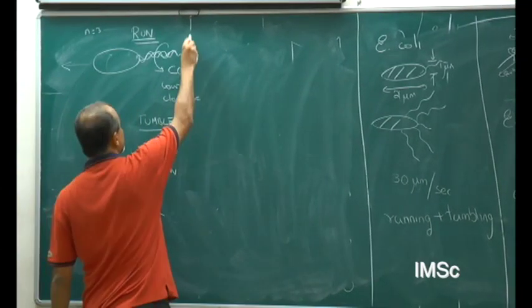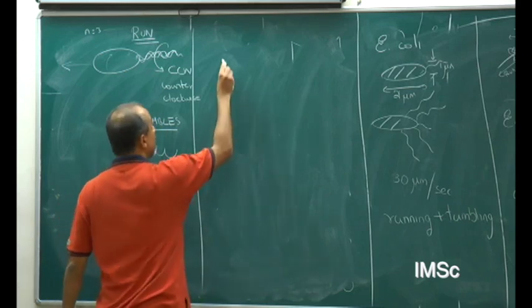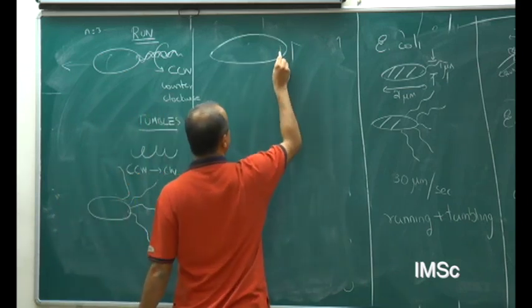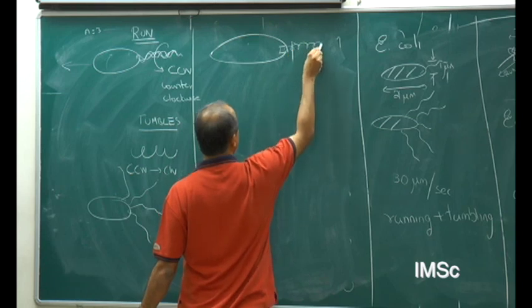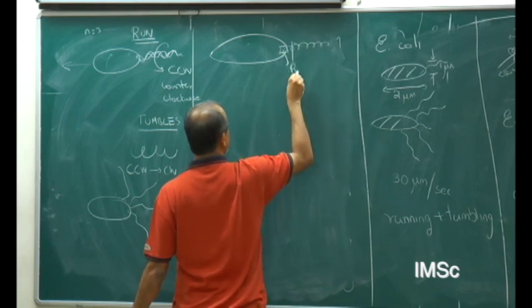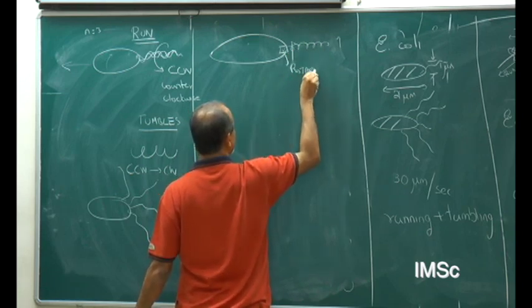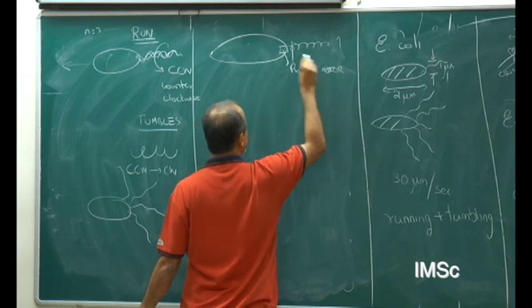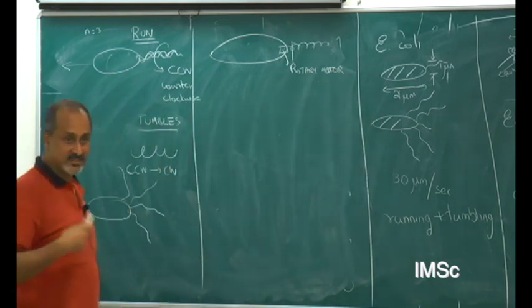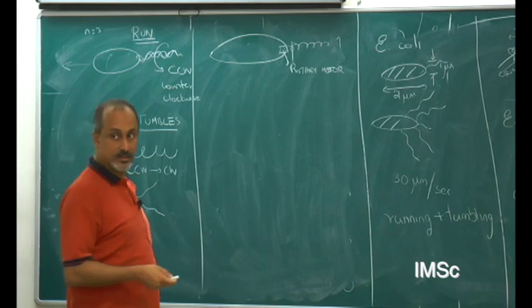So all of this running and tumbling happens because there is a little bit of machinery here that is like a machine that rotates. So there is some rotary motor at this point here, which really acts to turn this helix along.